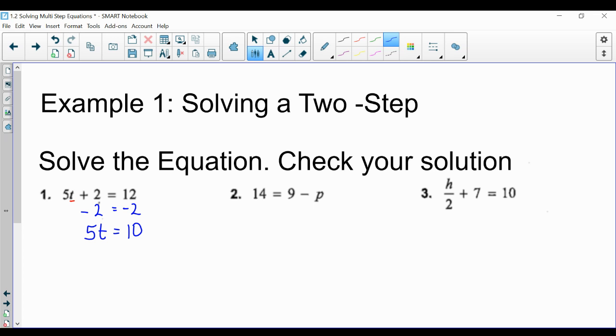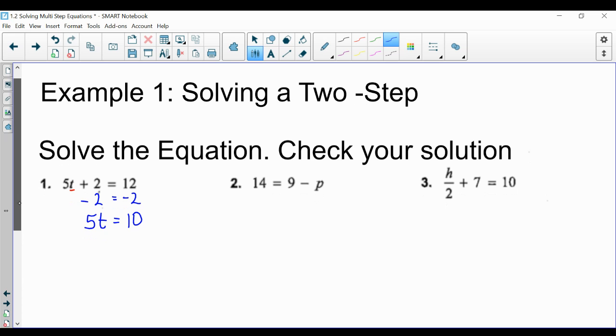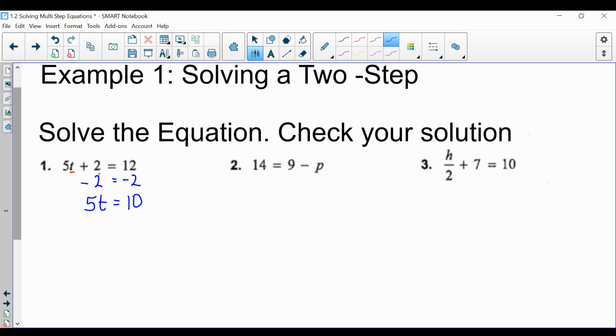Now what I see next to t is a multiplication problem. I know the inverse operation of multiplication is division. So now I'm going to divide both sides by 5. That's going to give me t is equal to 2.